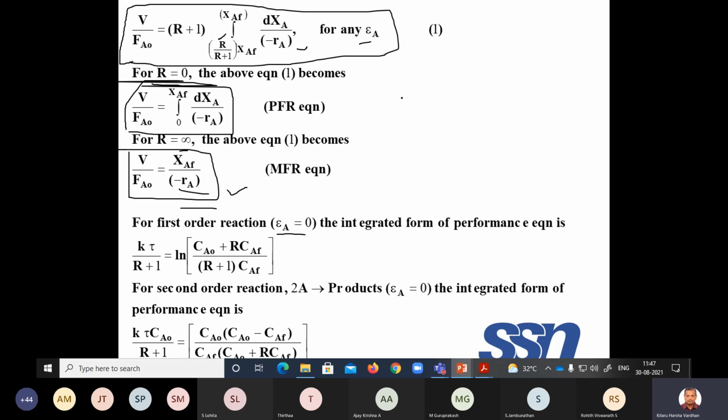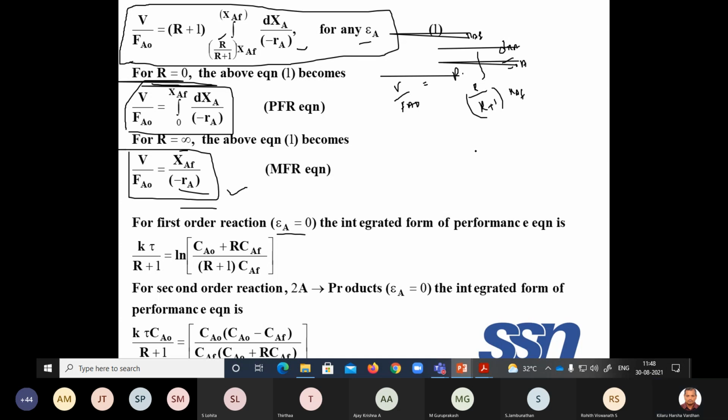I'll just write here. Now you see, V by FA naught is R times integral R by R plus 1 to XAF, dXA by minus RA, plus this 1 times multiplication is again integral R by R plus 1 to XAF, dXA by minus RA.